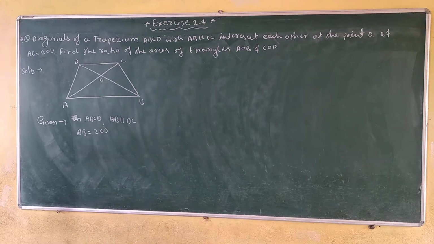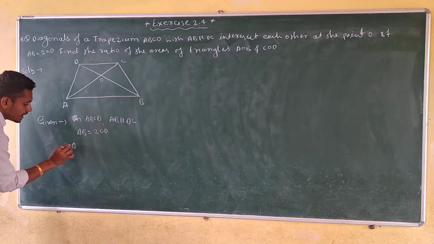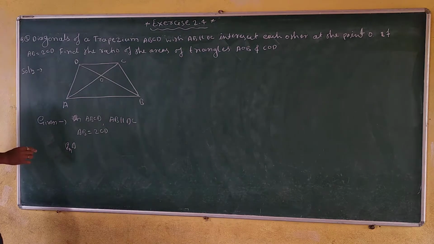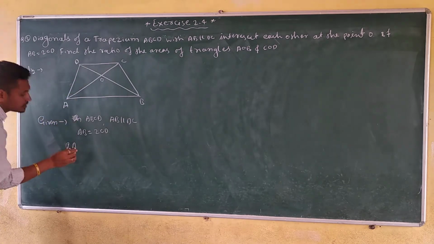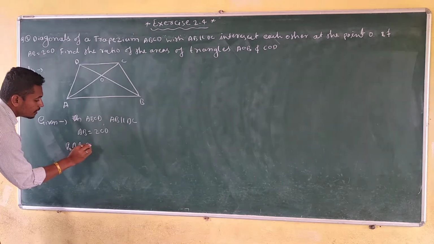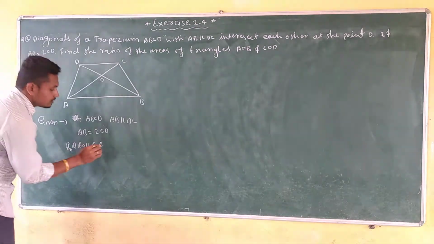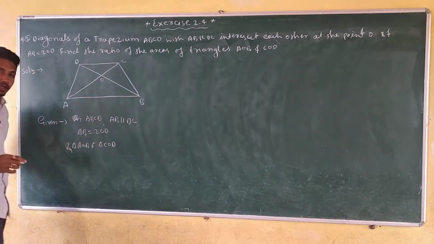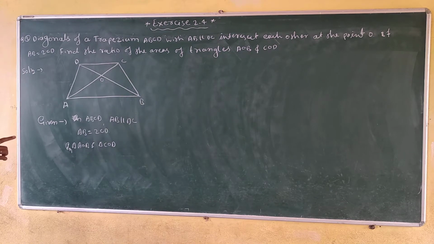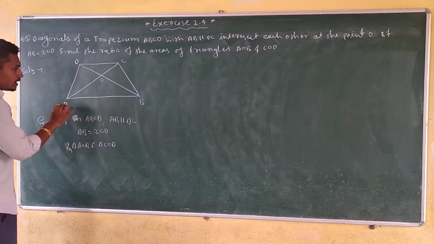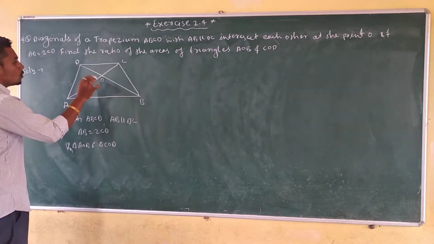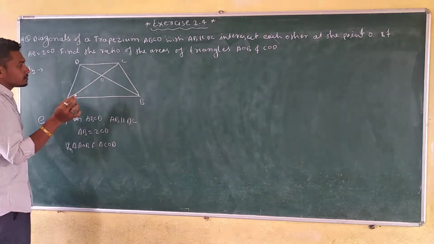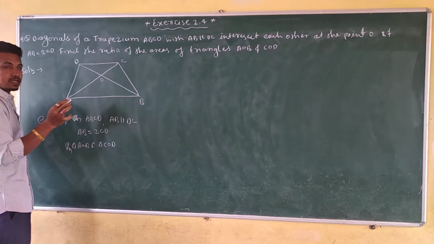Now see here, in triangle AOB and triangle COD, the corresponding angles are equal to each other.